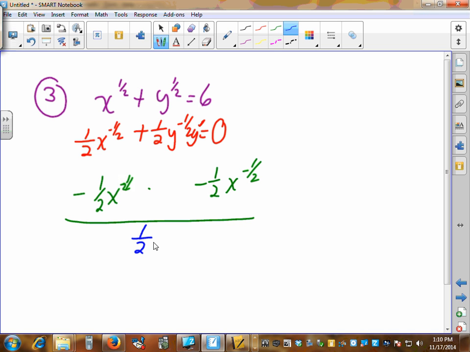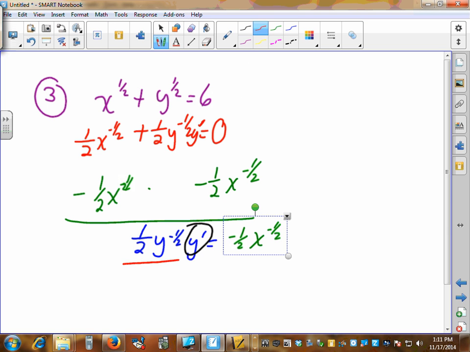So half y to the negative half times y prime equals all this stuff. And we are solving for y prime, so I'm going to divide both sides by half y to the negative half.